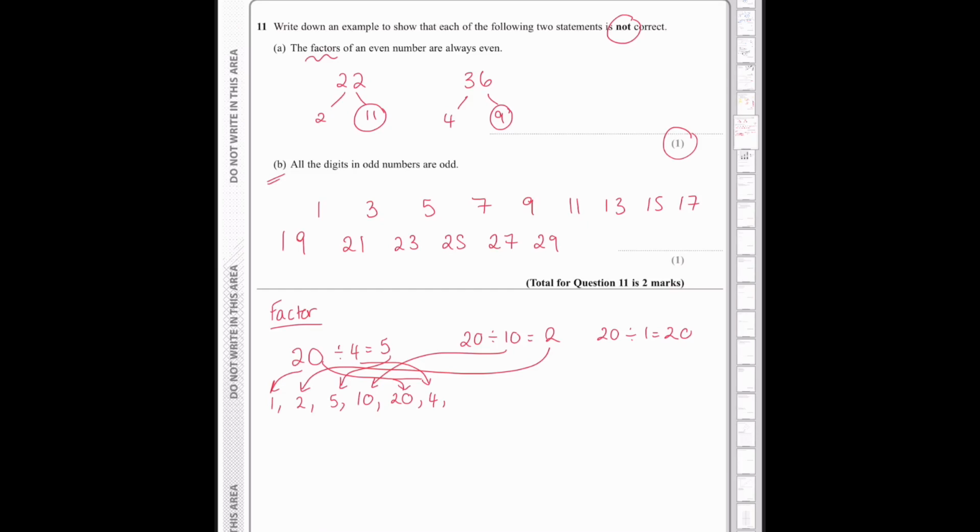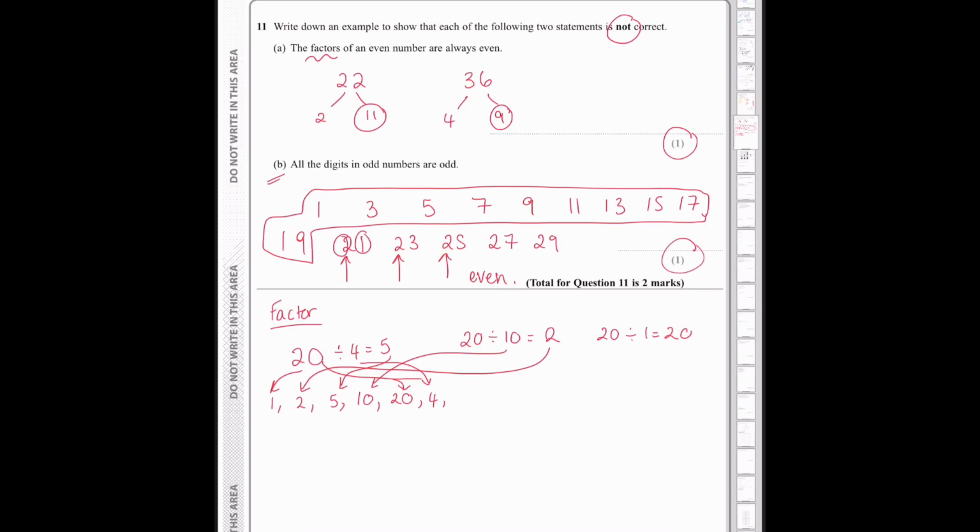Didn't even need that many. So here, that theory is correct up to about there. But once it gets into the 20s, well, 2 as a digit is even. So again, you'd have shown, just by drawing those out and putting those arrows in, that not all digits in odd numbers are odd. The digits are obviously the numbers on their own, just in case you weren't sure.